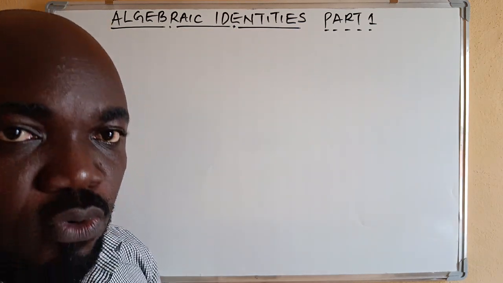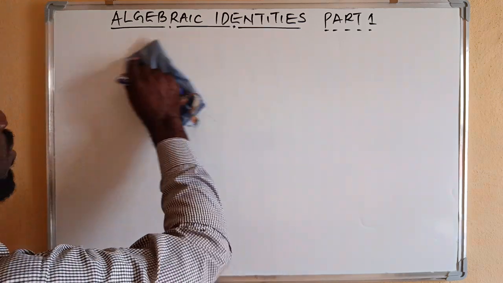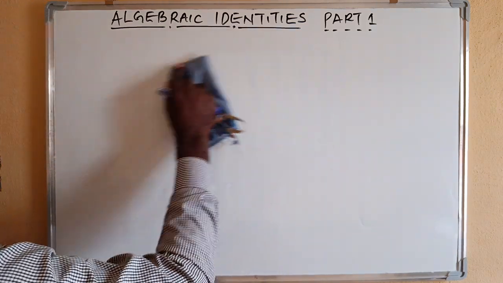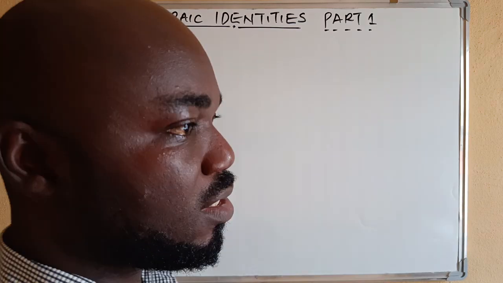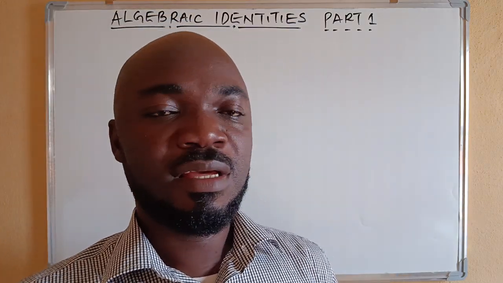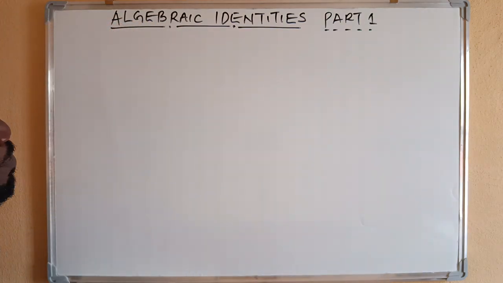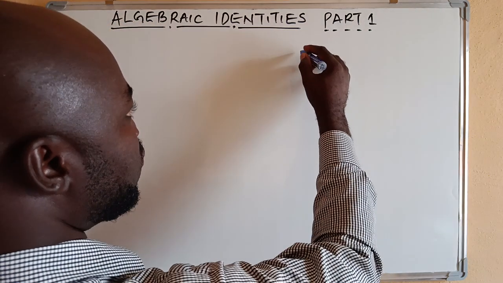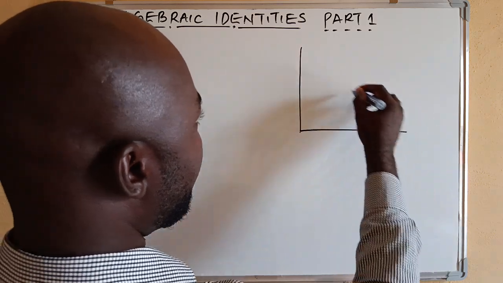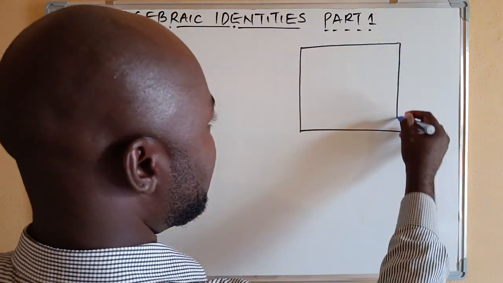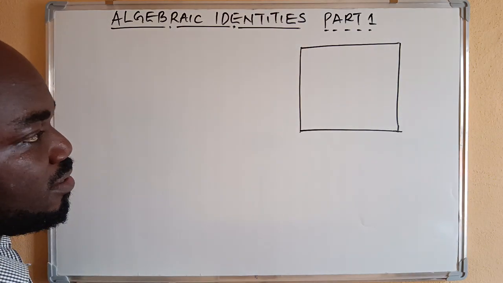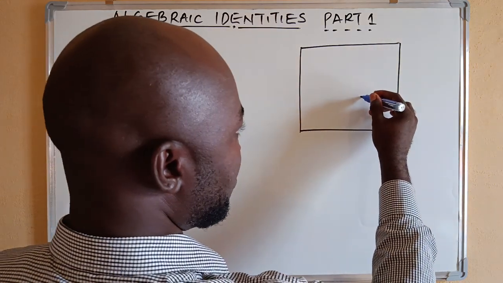So how do we prove this kind of identity? I want to show you two methods of proving these identities. One is the algebraic technique. The second one is the geometric system. So I'm going to draw a square, not according to scale, and I'll draw another small square here.